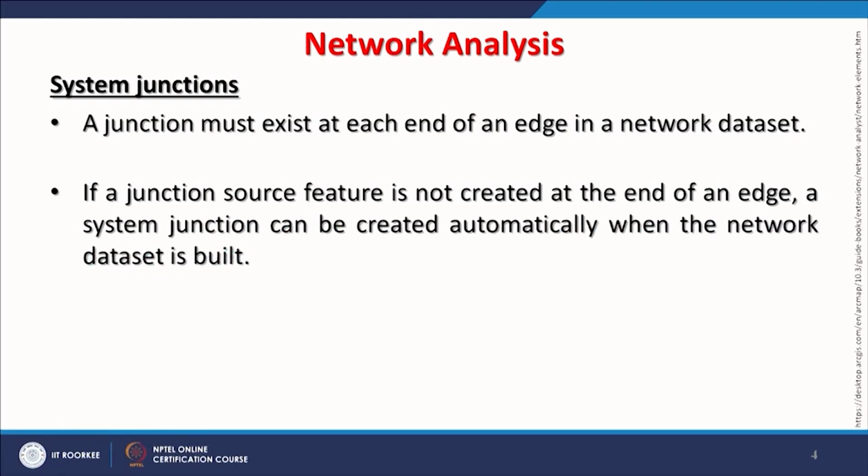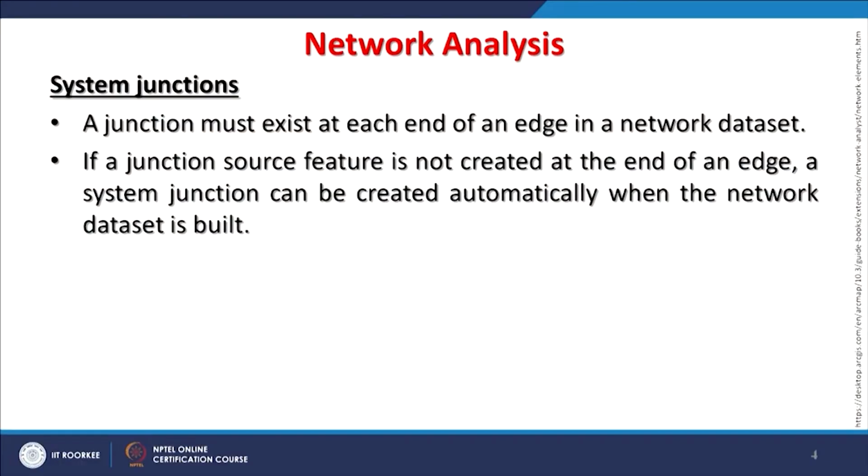And then if a junction source feature is not created at the end of an edge, that means a polyline feature, a system junction can be created automatically when the network data set is built. So once your polyline data of a network is ready, then the network has to be built. And while building the network, these things will also be created.